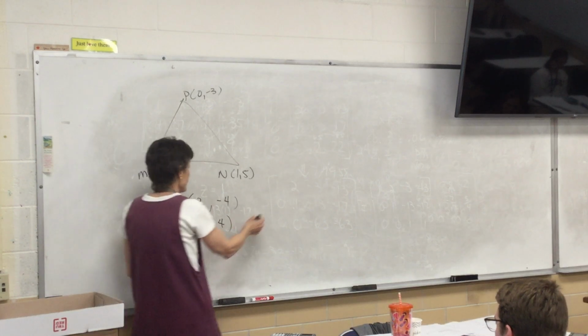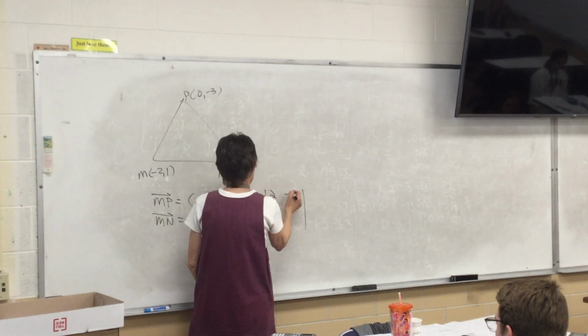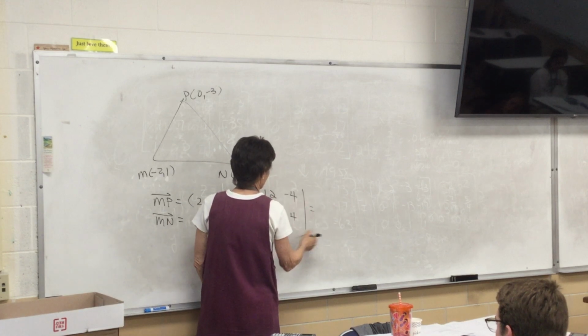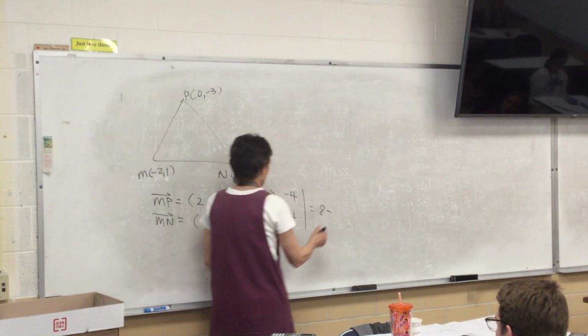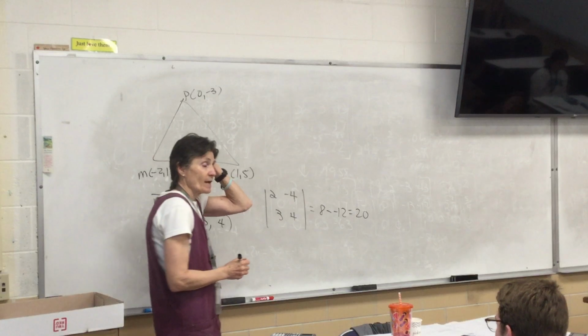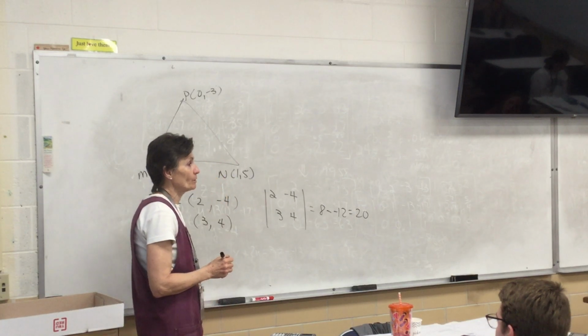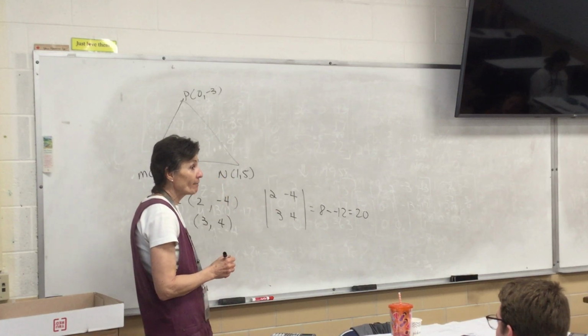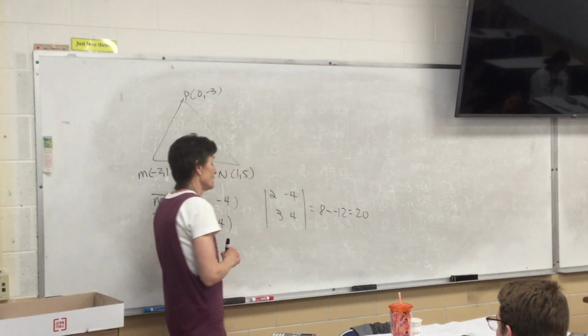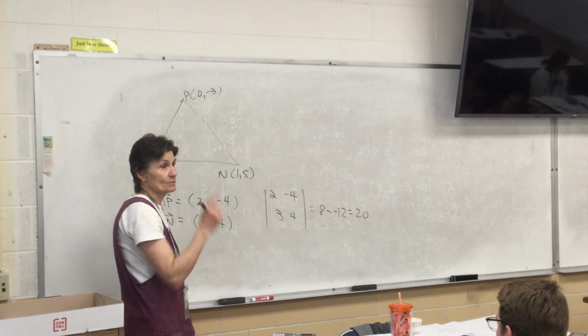So then I'll take those numbers, make a determinant out of them, and evaluate that. So that would be 8 minus -12, which is 20. So the area of the triangle would be 10, half of 20. Remember, if that turns out negative, you just ignore the negative and divide it by 2, so the area is 10.